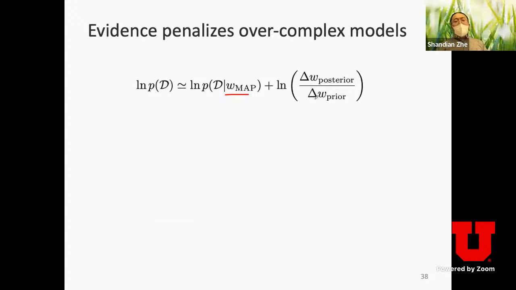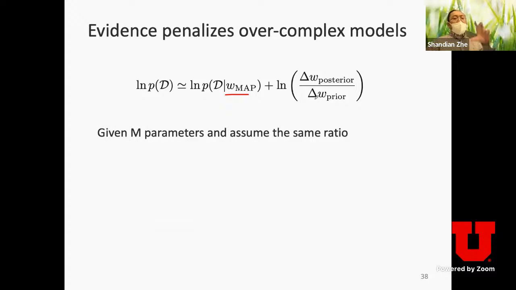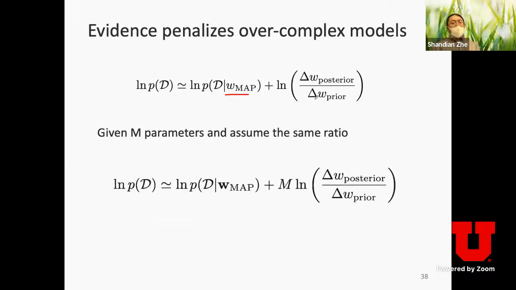So if you plug in this analysis framework, given m parameters and assuming this ratio is the same, then our log model evidence is approximately the log likelihood given the MAP estimation plus m times this log ratio, right? Because you have m parameters, so I have m ratios, m times this log ratio.